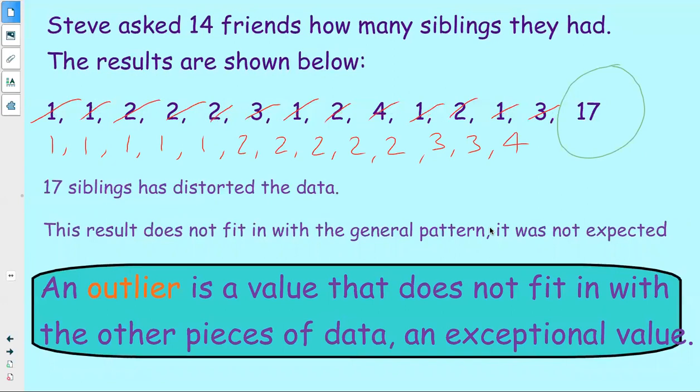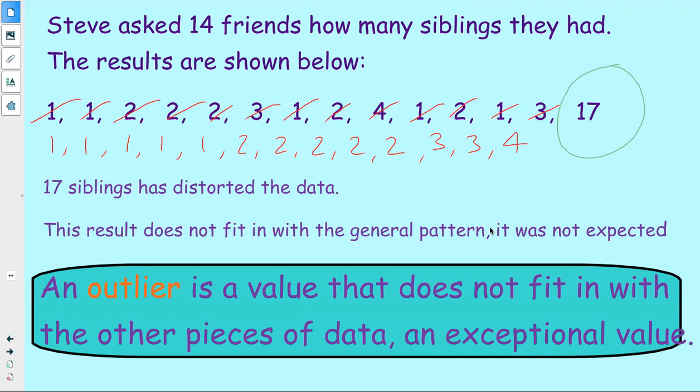So an outlier is a value that does not fit in with the other pieces of data. It's an exceptional value. So very, very different from the other pieces of data. And this outlier is something we will discover a little bit further on in our journey, but it's something I just wanted you to be aware of at the moment.